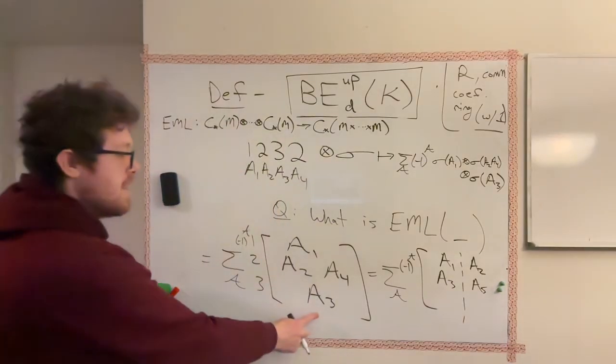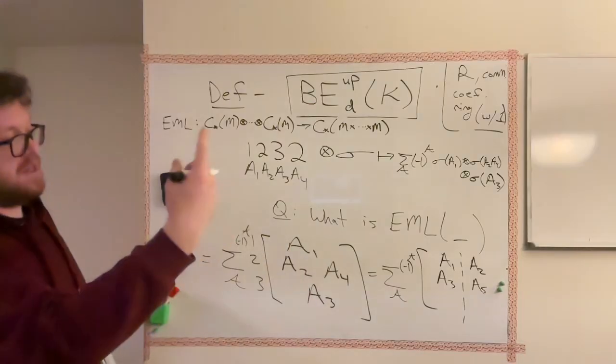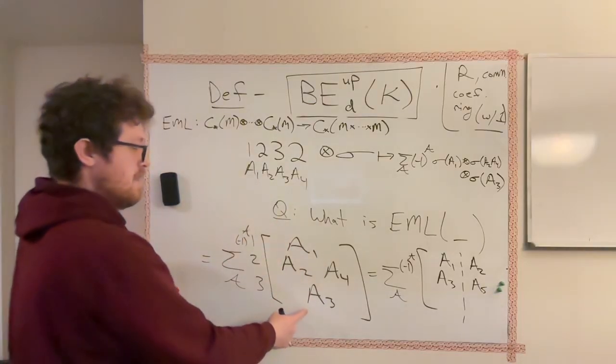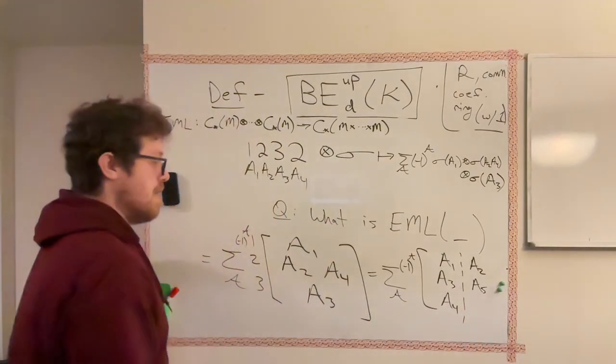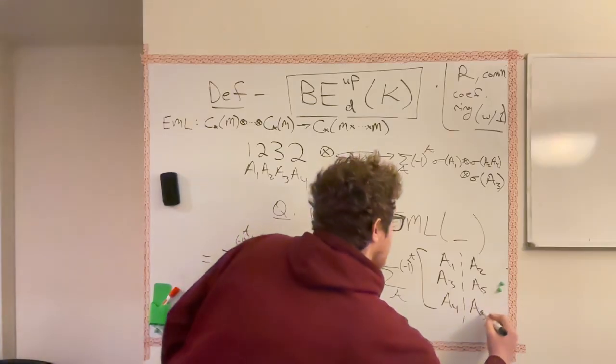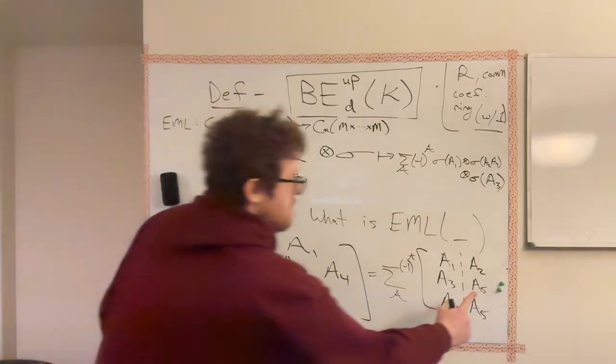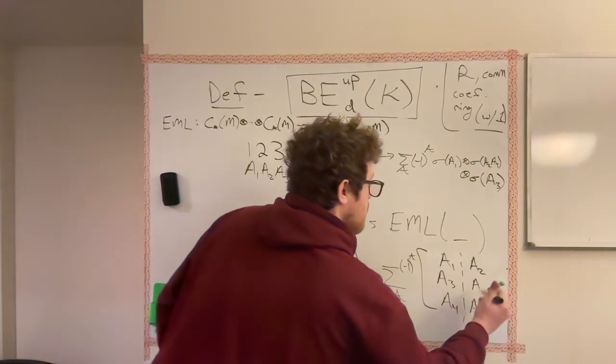And then A3, I need to give it an A4, so then I need to relabel everything. So this should be A4 and A5, and this should be A6, actually.